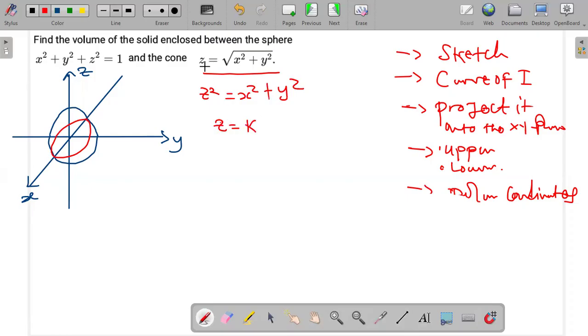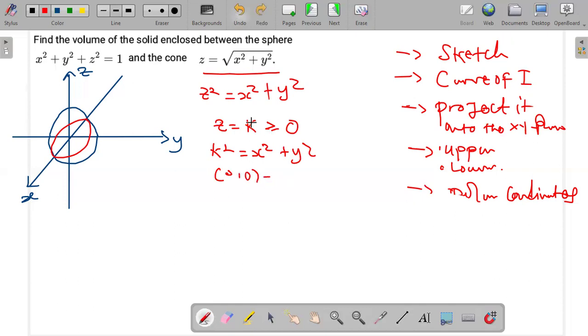Since Z is equal to the square root of X squared plus Y squared, then it will always be greater than or equal to 0. So this K that we are picking should be greater than or equal to 0. So it means I have now K squared equals X squared plus Y squared. But this is just a circle with the center 0, 0 and the radius, what?